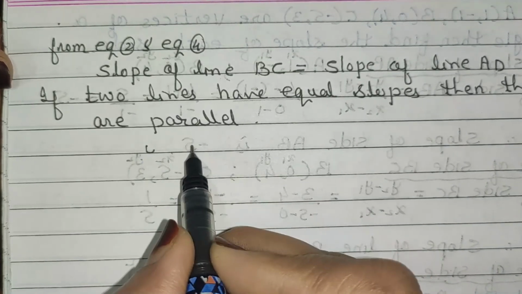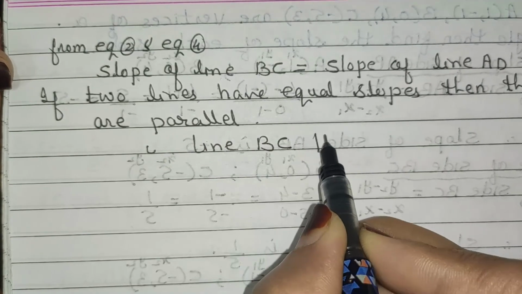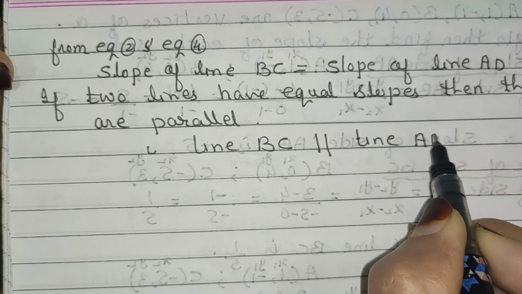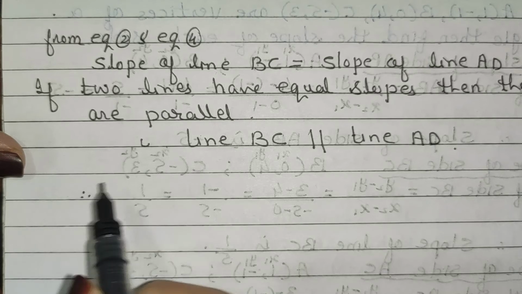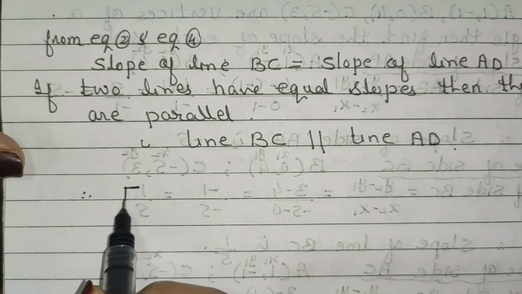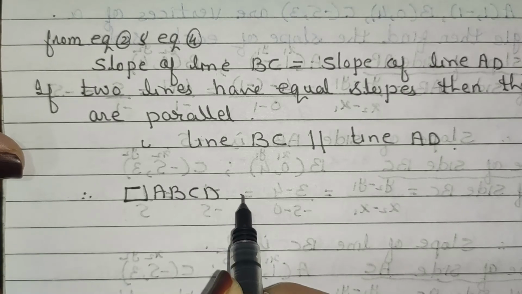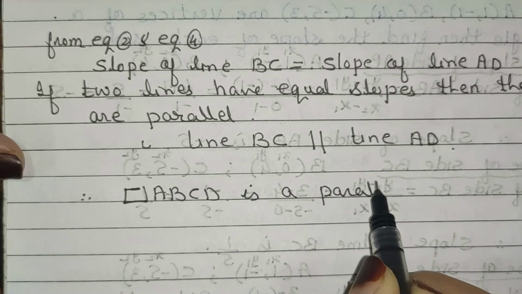Therefore, line BC is parallel to line AD. Now here opposite sides are parallel. Therefore, we can write here quadrilateral ABCD is a parallelogram.